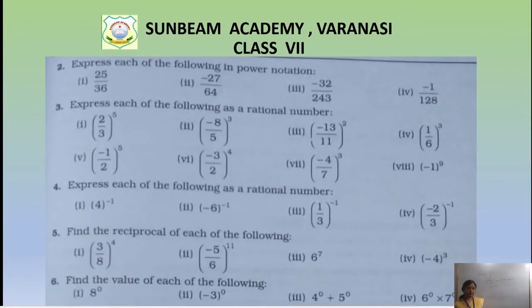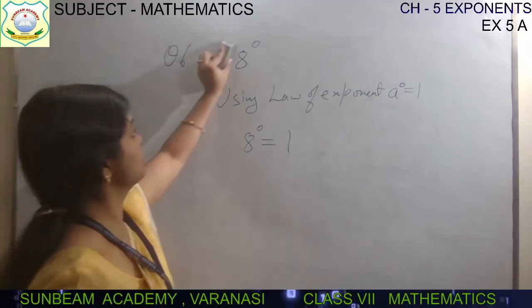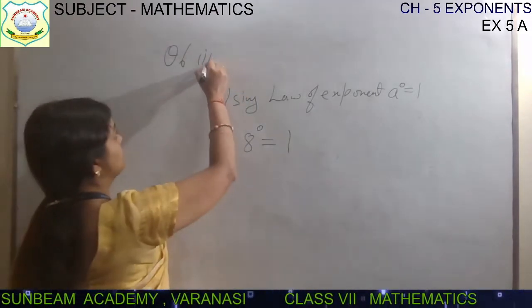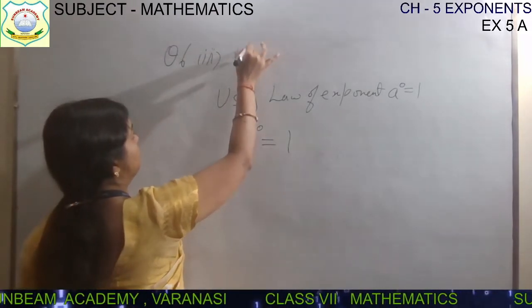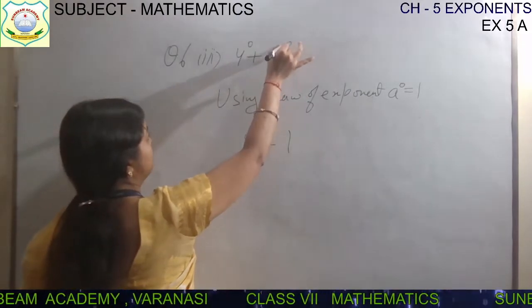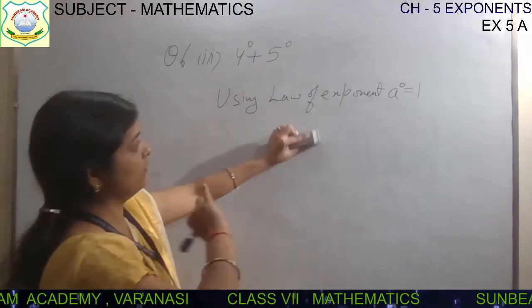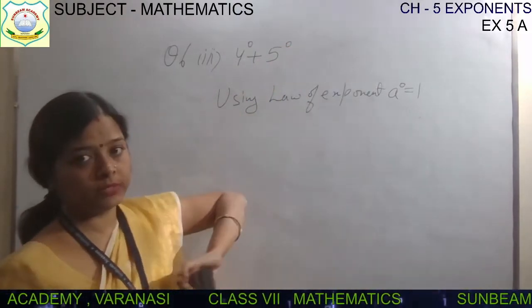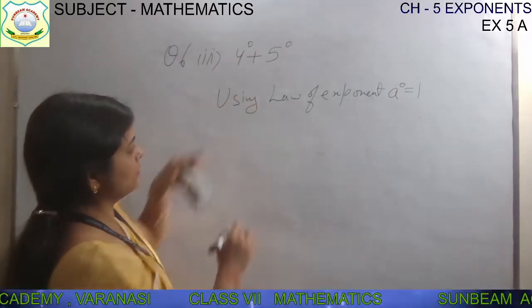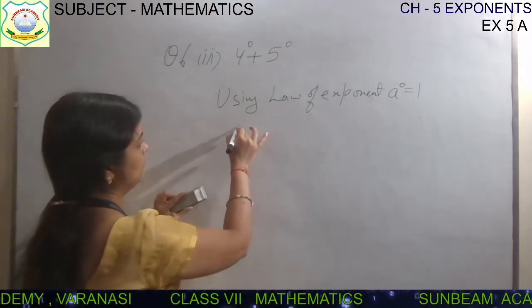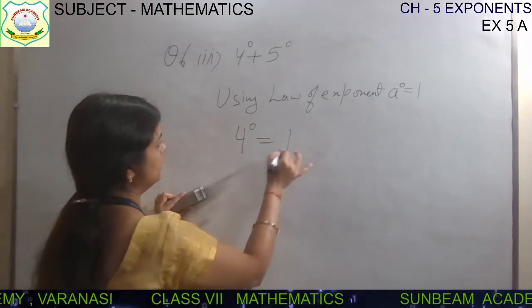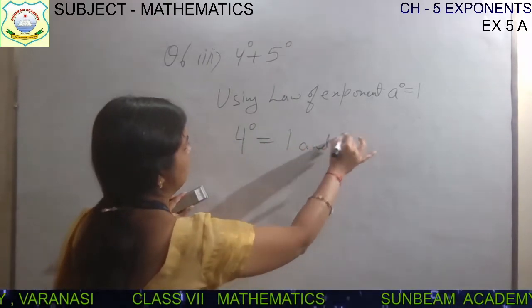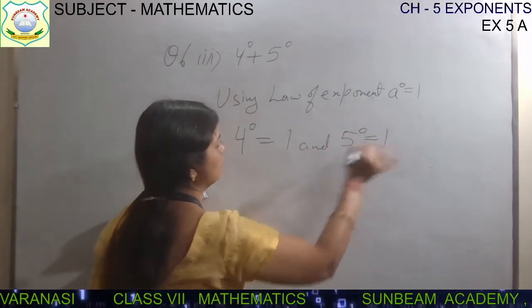Now question number 6 third part. 4 to the power 0 plus 5 to the power 0. Okay, using laws of exponent, 4 की पावर 0 क्या होगा? 1 है ना. हम आप ऐसे लिख सकते हैं 4 to the power 0 is 1 and 5 to the power 0 is also equal to 1.